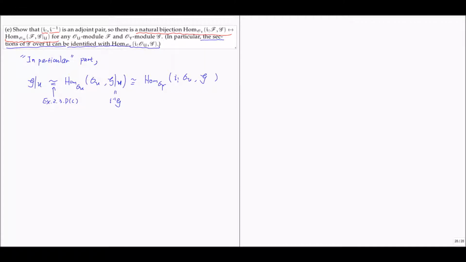Now let's prove this. Let's first take an element in here.